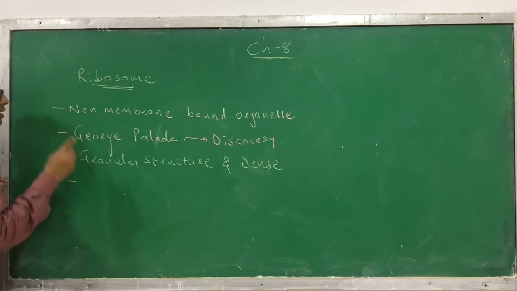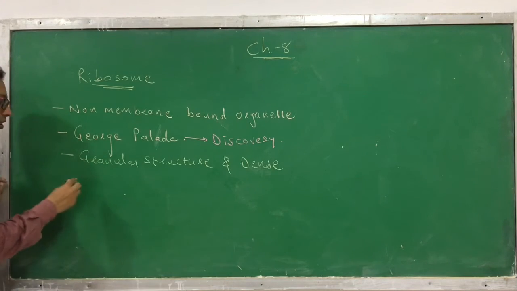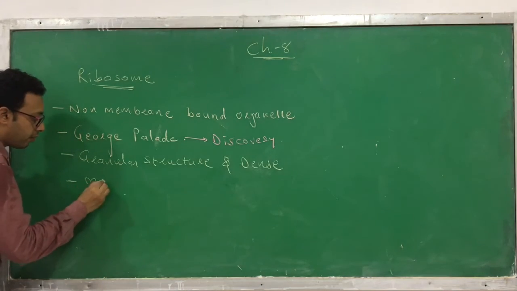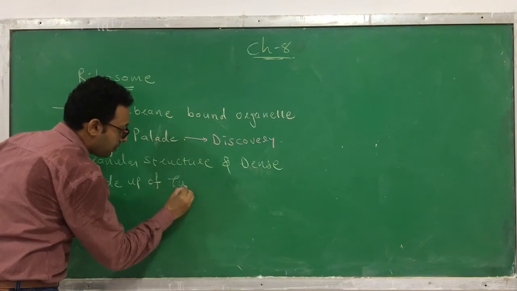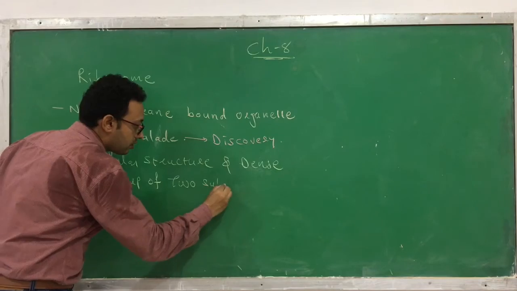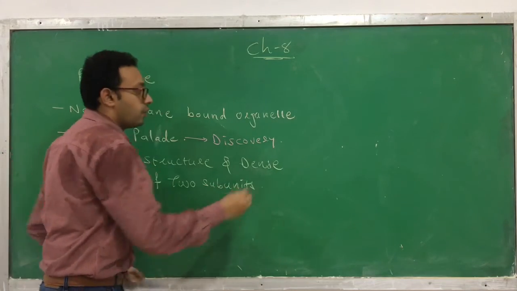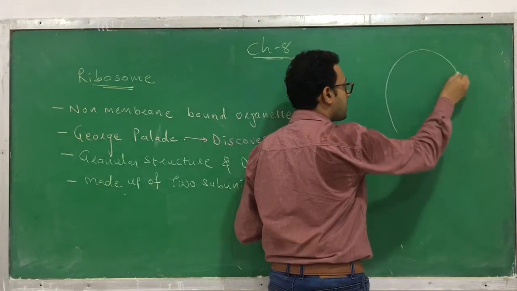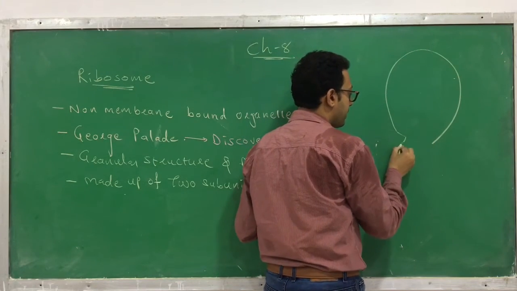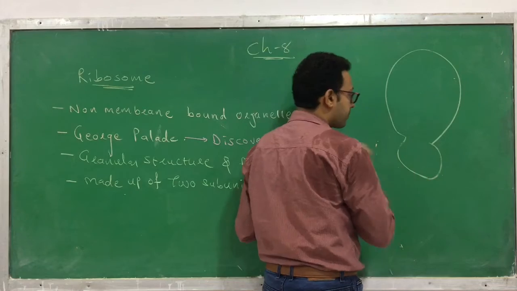Next thing, whether it's eukaryotic or prokaryotic, the ribosome is made up of two subunits. One is the larger subunit, like see, I'm drawing, and the second one is the smaller subunit.